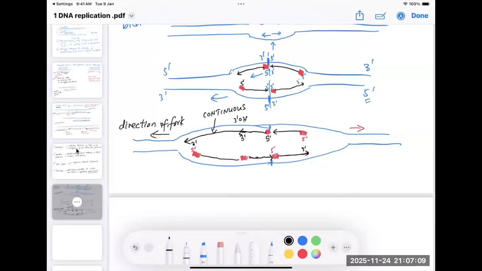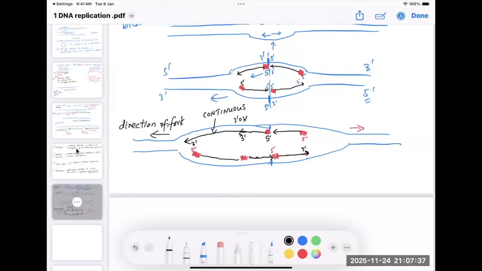Why? Because if it's 3' there, it means the parental strand will be 5'. No, this is the new strand already. New strand here. I don't get it. The 3' OH is on the parental strand or the daughter strand? The parental one is blue.